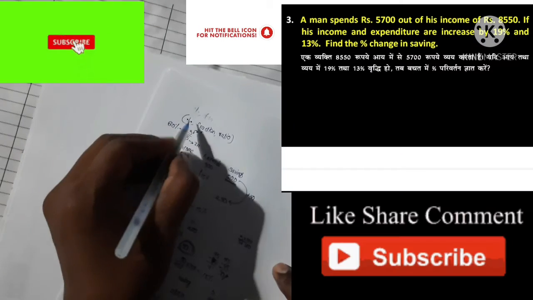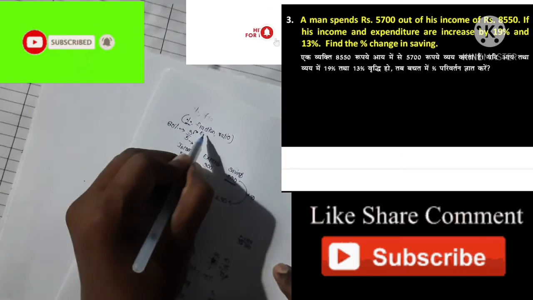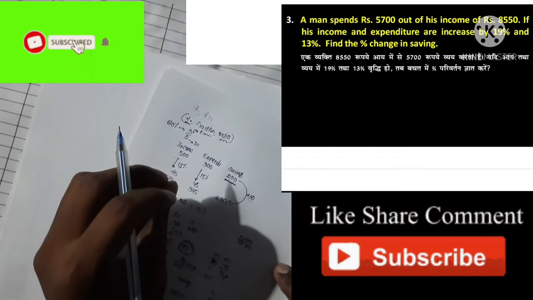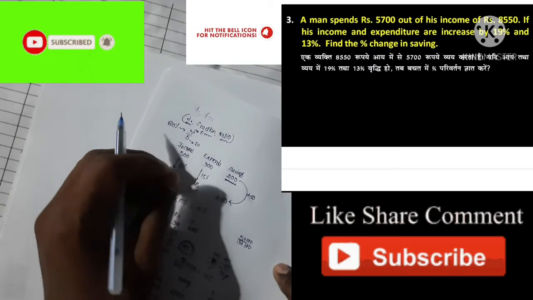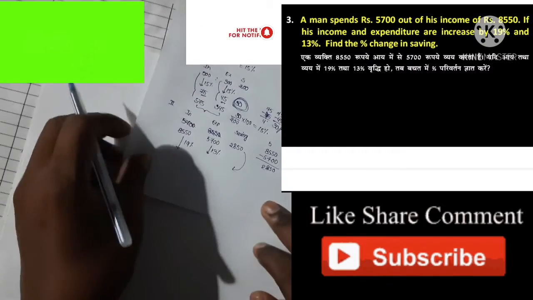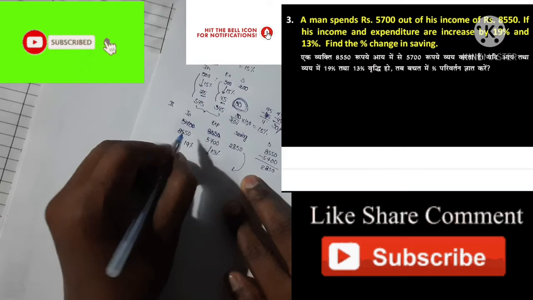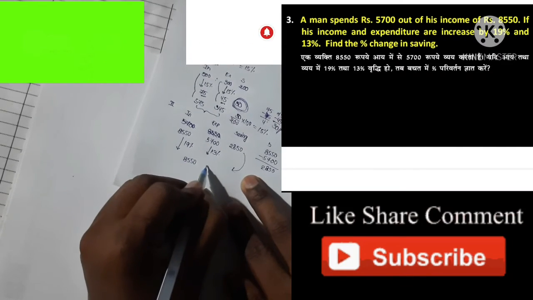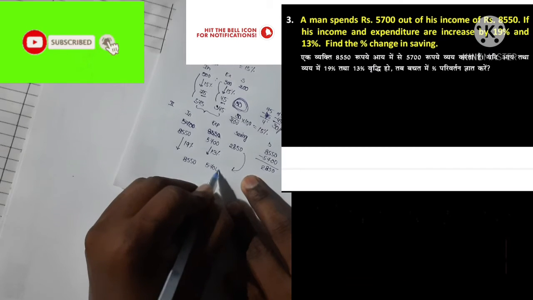So whenever we are using percentages, fractions and ratios, there is no need to consider the real values. Here real values are 8,550 and 5,700.